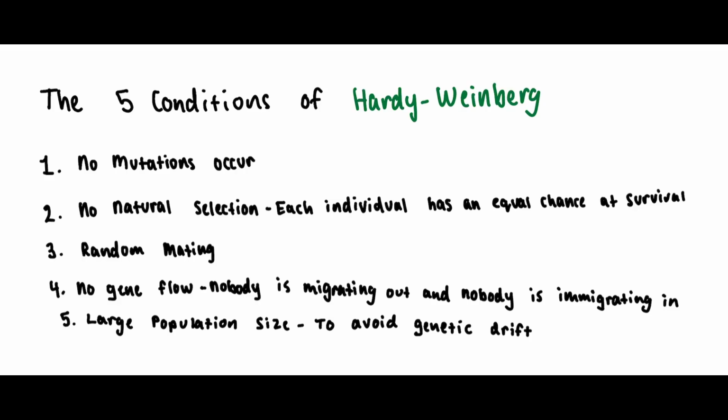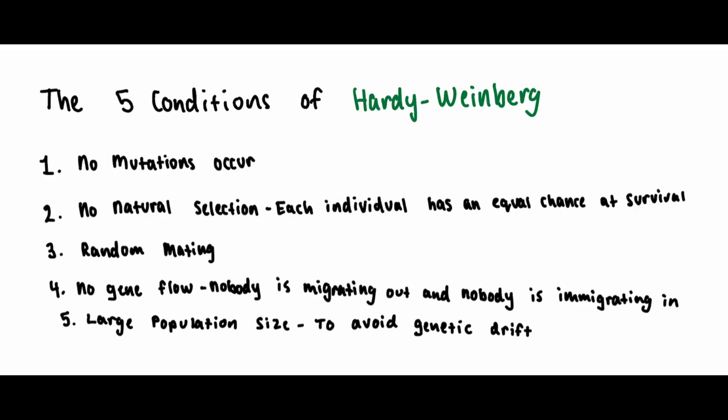This is extremely important because if one genotype is more favorable for survival than another genotype, then naturally the genotypes with the favorable genotype will survive, but the ones without the favorable genotype will die out, which is why it's very important that no natural selection happens so that scientists can ensure that it remains as accurate as possible to determine whether evolution is occurring or not. The third condition of Hardy-Weinberg is random mating.